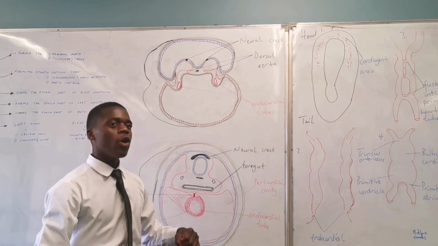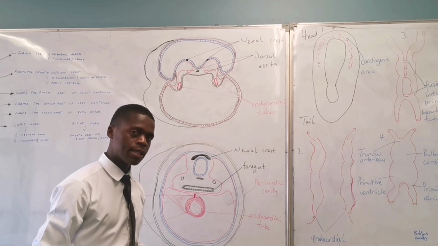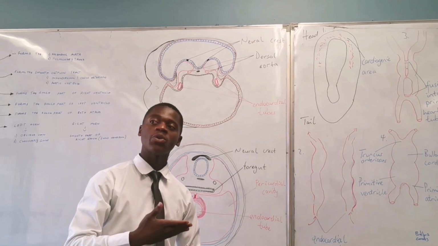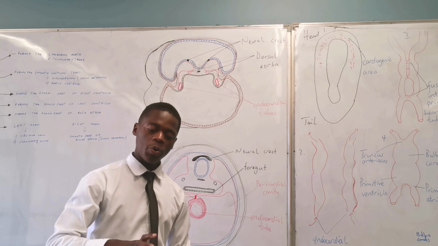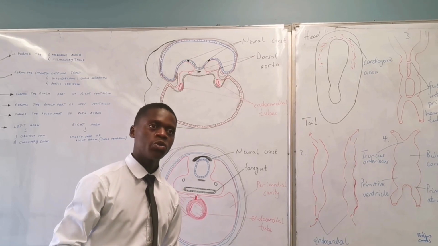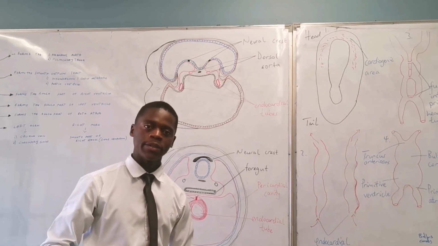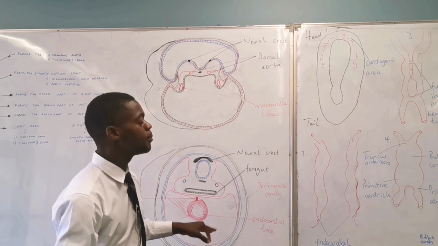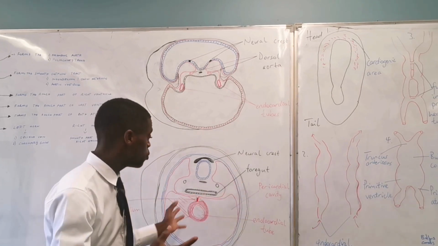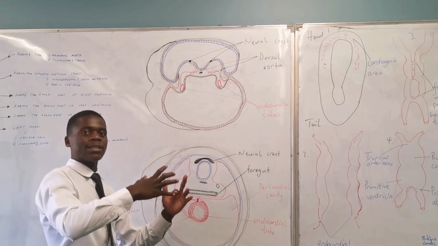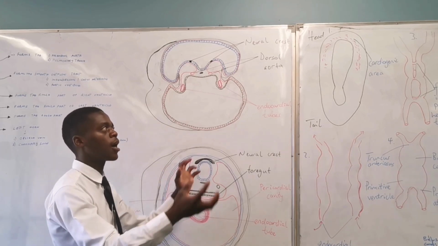We also need to know that from the septum transversum, which is now in its original position, we form what we call proepicardial cells. These proepicardial cells move over the sinus venosus and surround the heart.